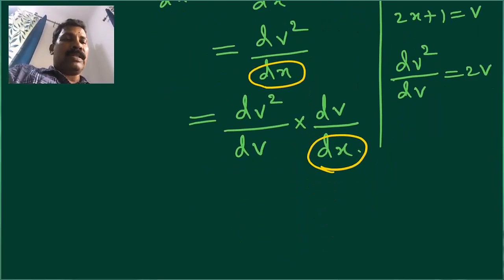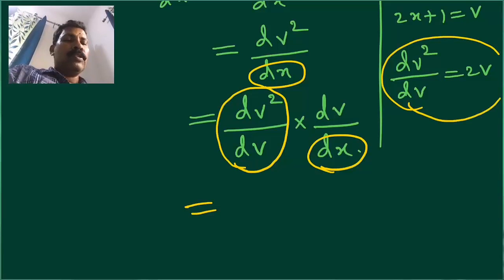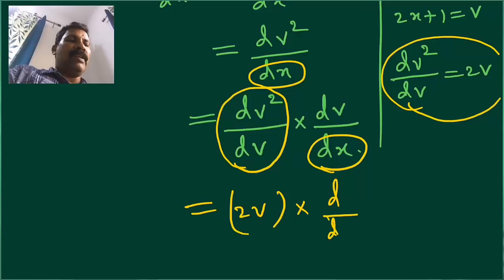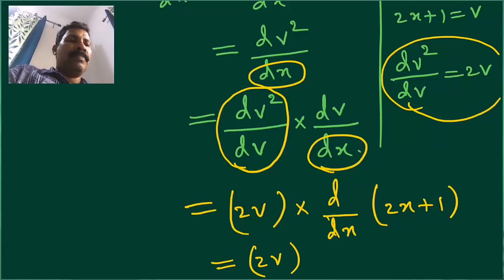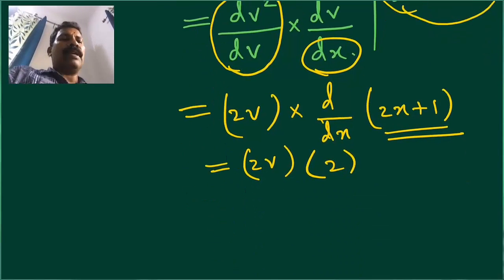For example, now what is it? This is nothing but 2v, and then what is v? We substitute, that is 2x plus 1, and you know the derivative of 2x plus 1 is nothing but 2. So we have the answer, that is 4v.